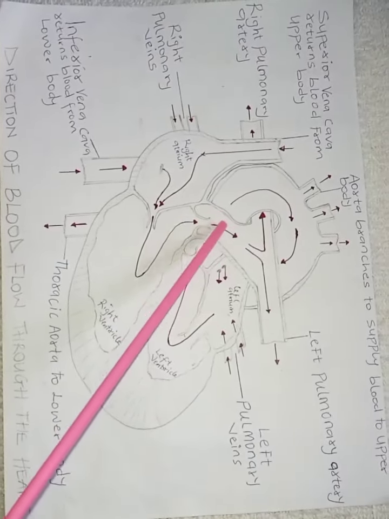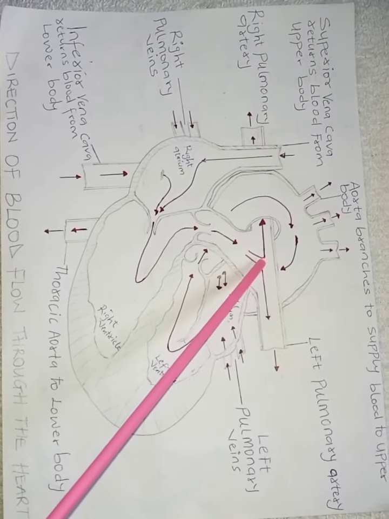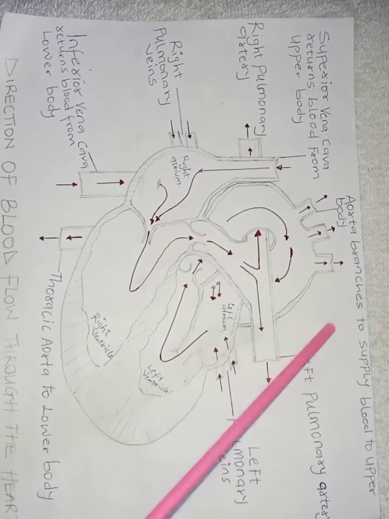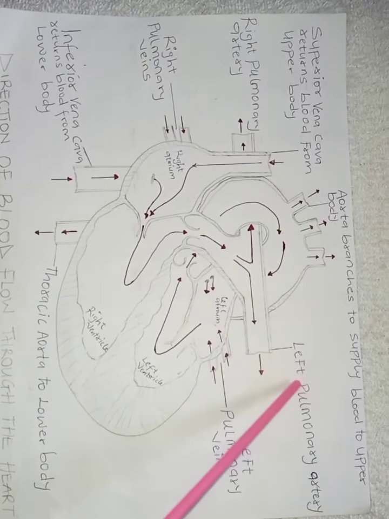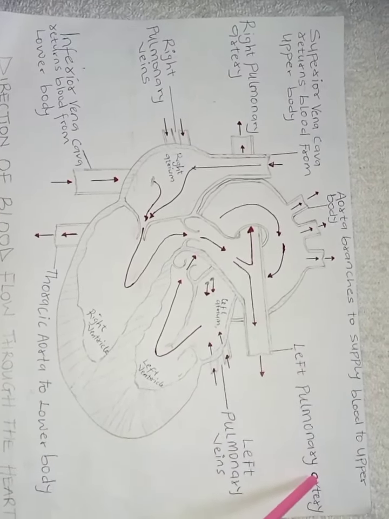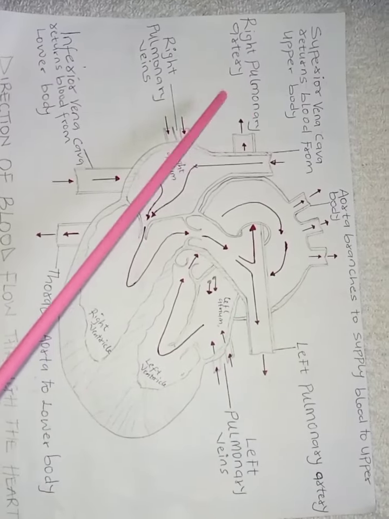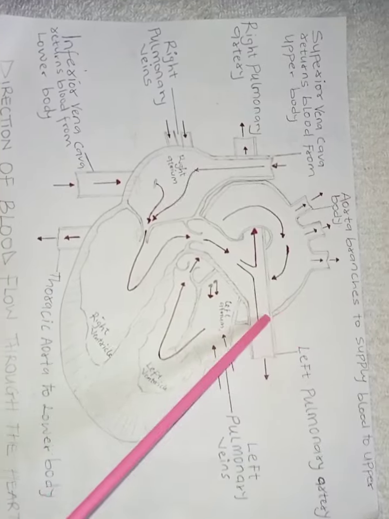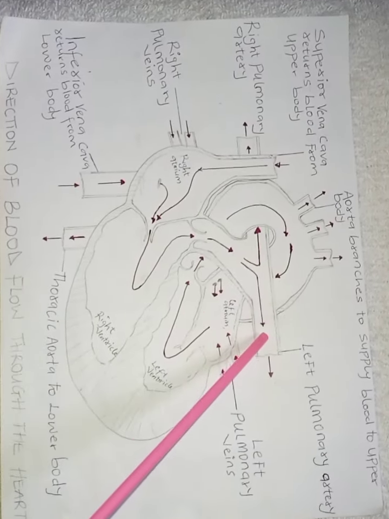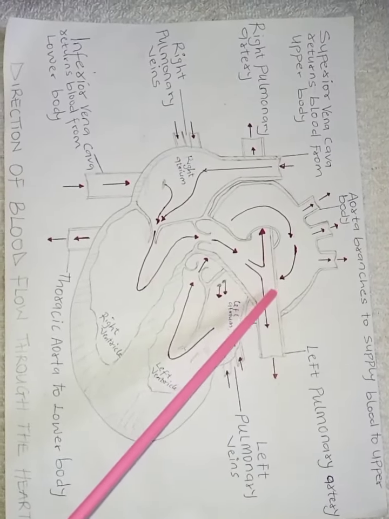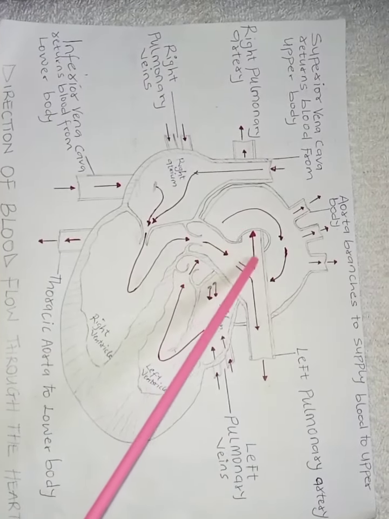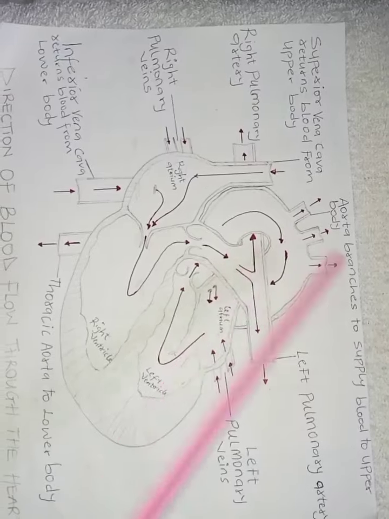Then the blood, reaching this point, bifurcates into the left pulmonary artery and right pulmonary artery. The pulmonary artery is the only artery in the body that carries deoxygenated blood.